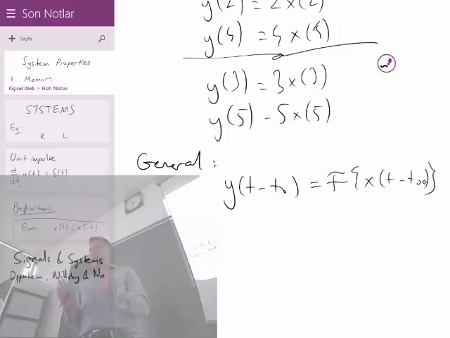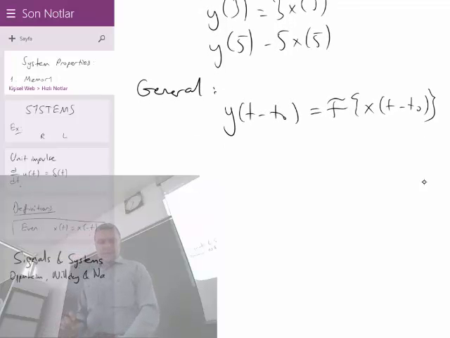So if you have an output at a certain shift for a certain input, when you shift the input, the output should shift simultaneously, and this equation reflects that. If this equality doesn't hold, then you say that it is not time invariant, or in English it is time varying.